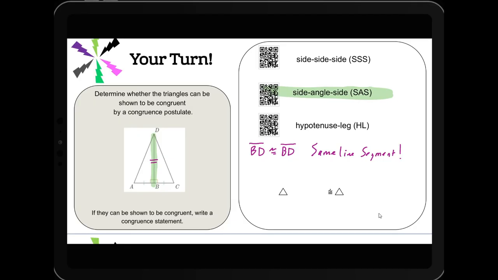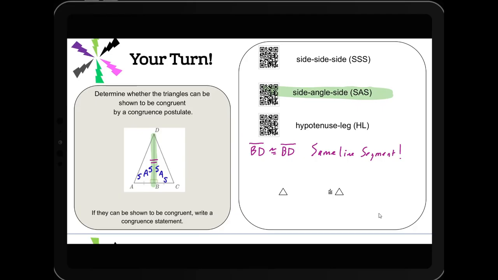Okay, having said that, recognize it's the same segment for both triangles, both right triangles. So therefore, it has to be congruent to itself. And what that does is it creates this relationship. You have side, an angle in between, and a side; side, an angle in between, and a side. So SAS is going to be the easiest one to utilize here.